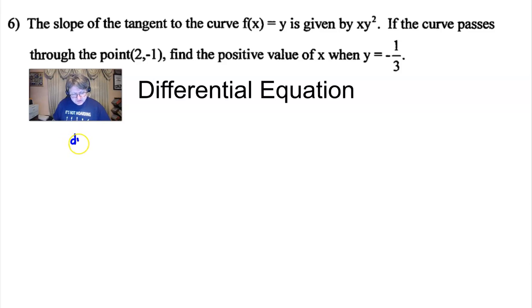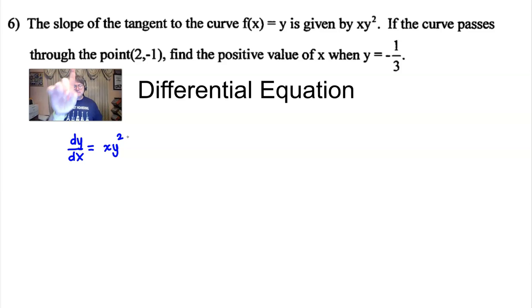It's best that we use the Leibniz notation, dy over dx, and that's equal to x times y squared. Now the problem goes on to say if the curve passes through the point (2, -1), find the positive value of x when y is -1/3. I know this problem is a little bit extra tricky because it's not multiple choice.